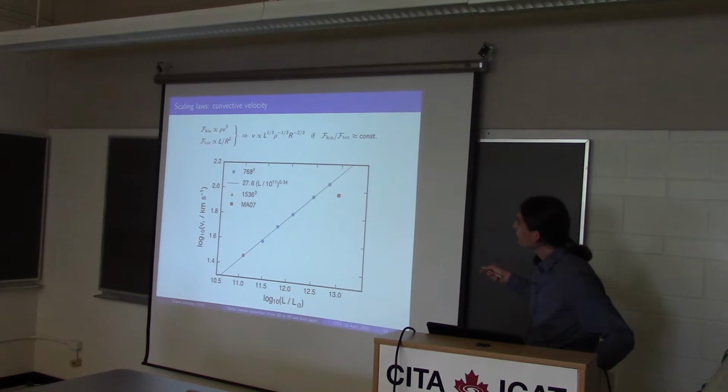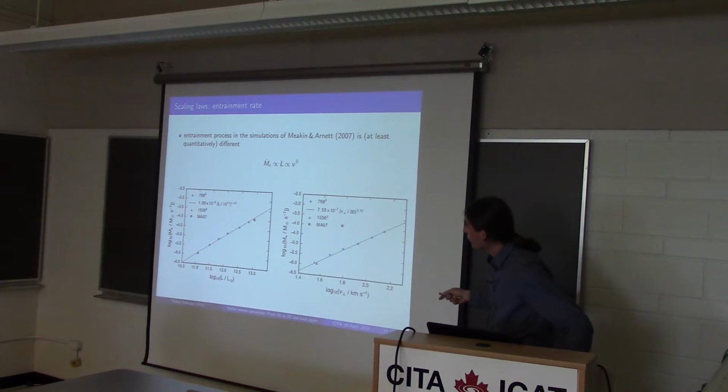The kinetic energy flux due to convection scales as rho v cubed, and the total flux scales as luminosity divided by r squared. But all of these convection zones have the same density and the same typical radius. So if you say that the kinetic energy flux is a constant fraction of the total flux, always, independently of the luminosity, then you get a scaling v proportional to L to the 1/3. And this is what we observe.